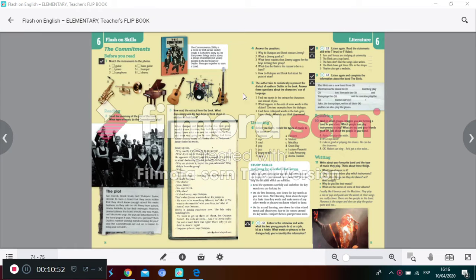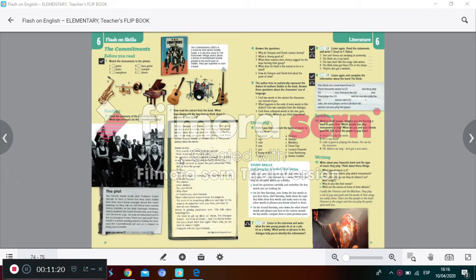So you need to write the correct letter next to the correct name. For example, letter D: this is a drum, trumpet, piano, or guitar. A piece of cake. Easy. Now let's do activity number 2.